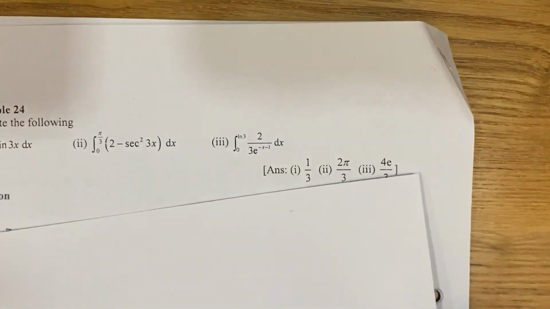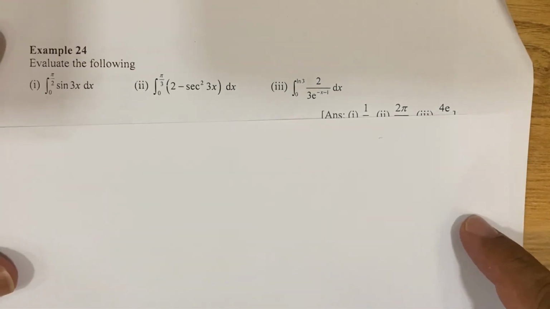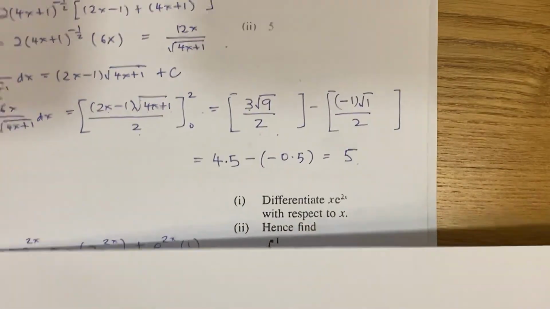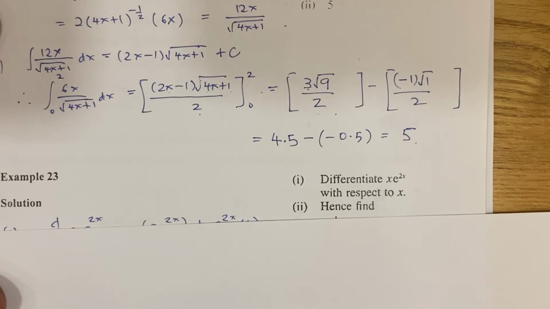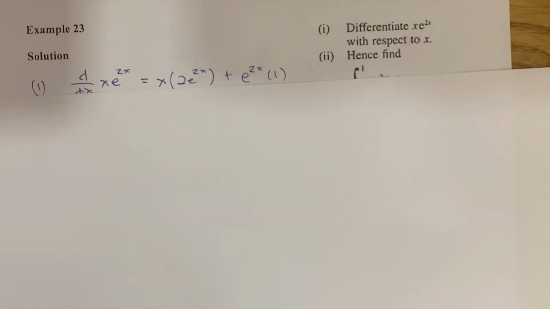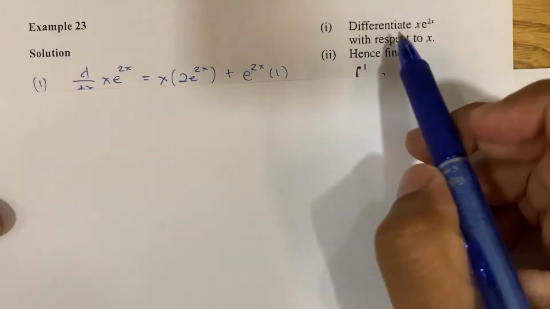Okay, last example, example 23. So example 24. Is it example 23? I think so. Sorry, example 23. We are going to do example 23. This is quite simple. Differentiate x e to the x.